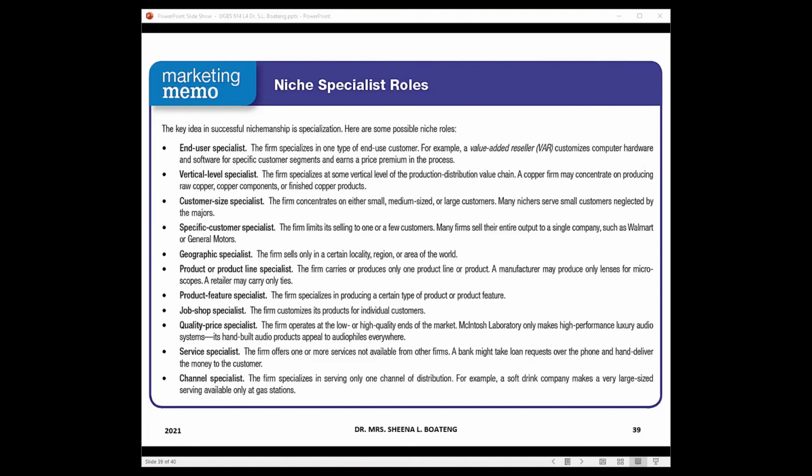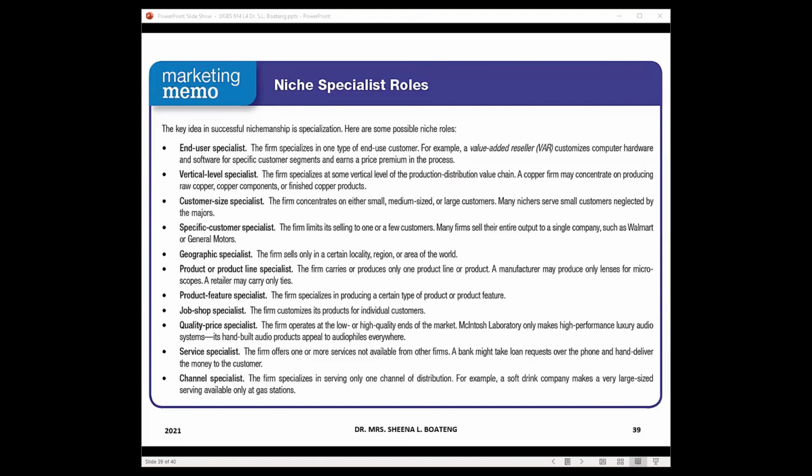No kente design is the same as the other. Everyone's design is unique because it's customized to your own taste. You can even customize your suits. Abrantia, the gentleman, is excellent when it comes to customizing male suits for their weddings, right? So that's a typical example of job shop specialists.